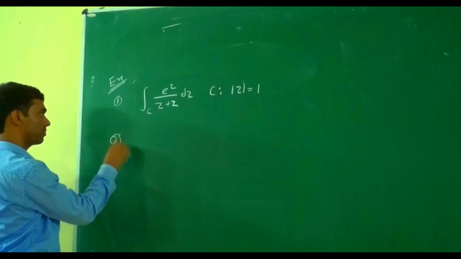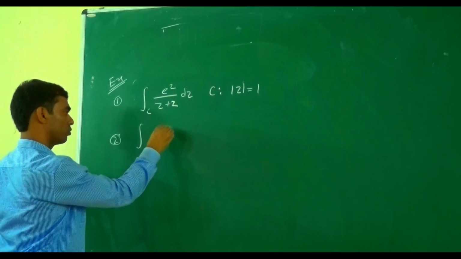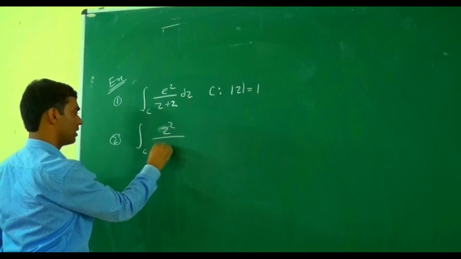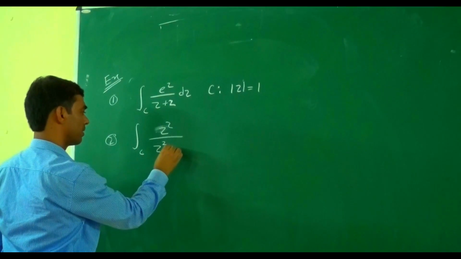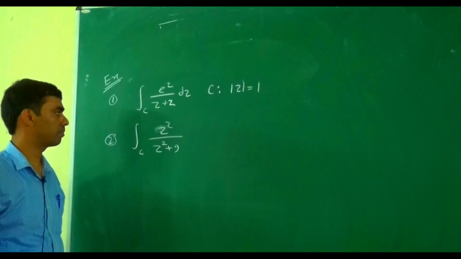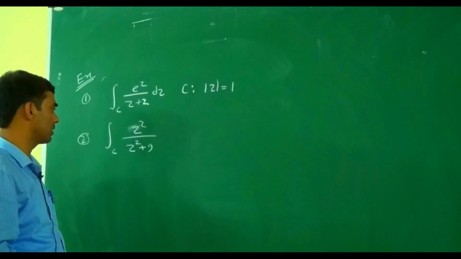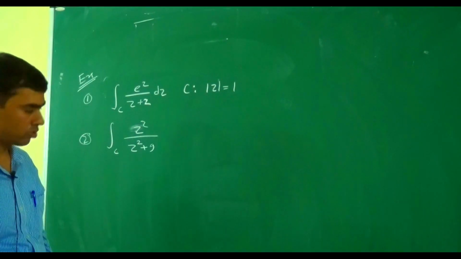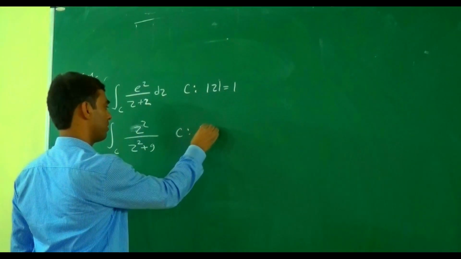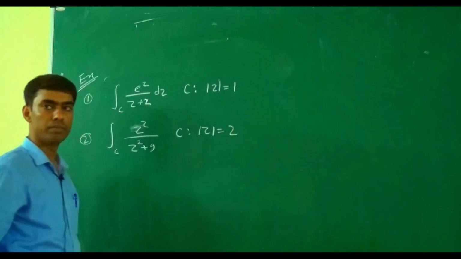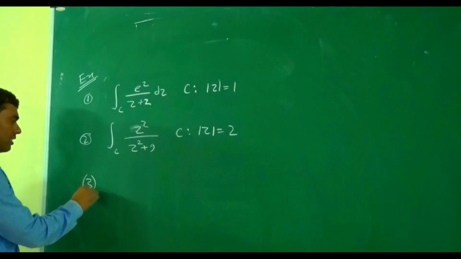Second one: the integral over C of z square upon z square plus 9, dz, where C is such that mod z equals 2. These are closed curves, and you may write them not only as a circle.